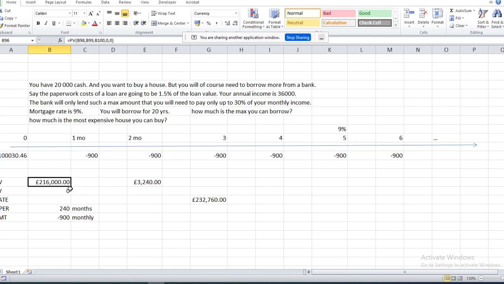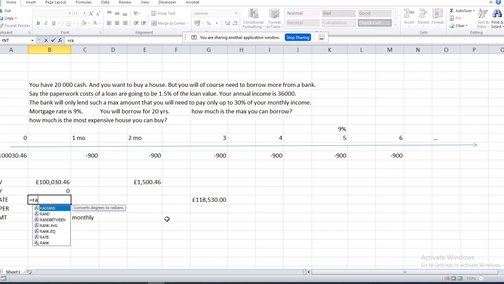Okay, this was $130.46. Okay, in this case, equals rate, open the brackets, number of periods in months, 240 months, the PMT in monthly payments, that's $900 negative. PV is what you're going to receive right now from the bank, $130,030.46.